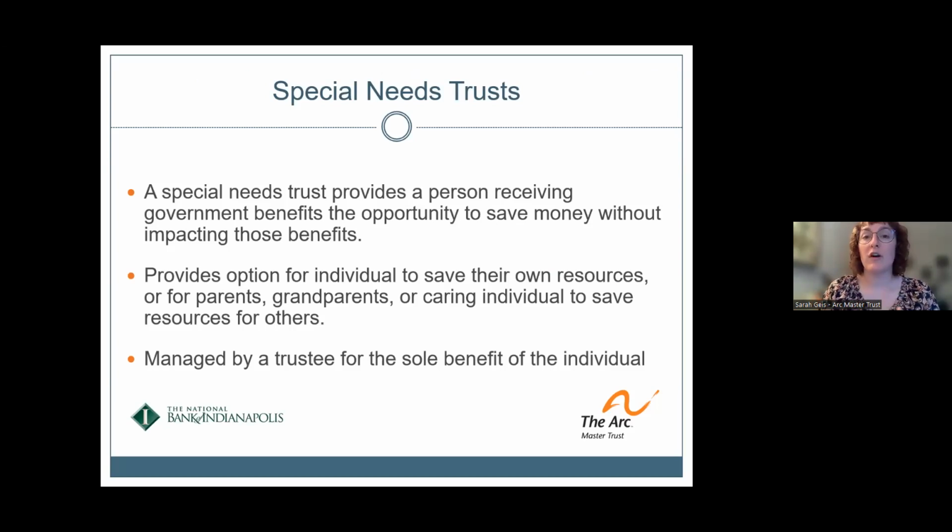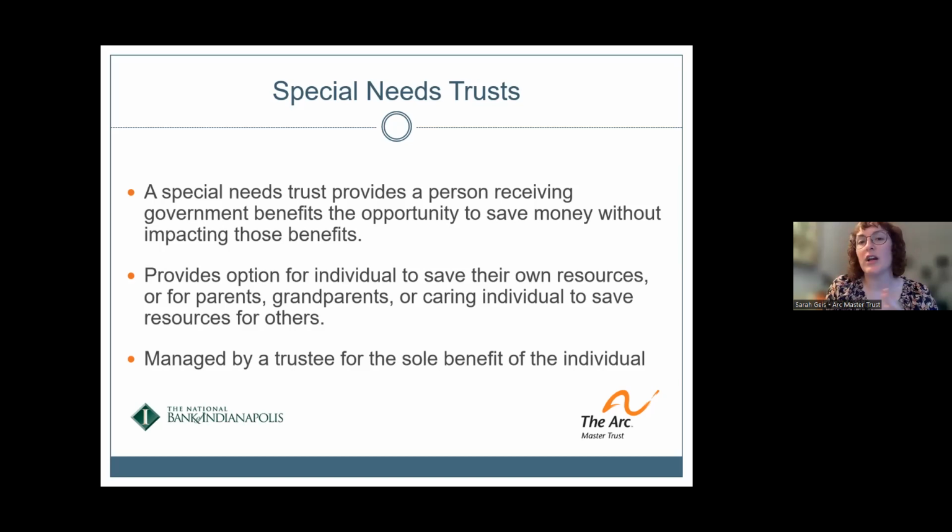Special needs trusts also provide loved ones such as parents or grandparents or other individuals who want to be able to provide their own financial resources to an individual who either might be receiving those means-tested government benefits already, or as a way to safeguard their future should they need to become eligible for means-tested government benefits.